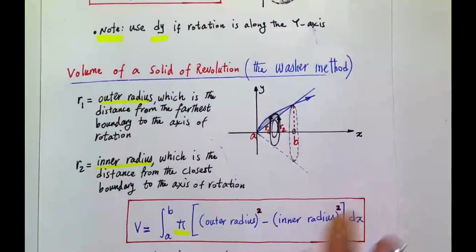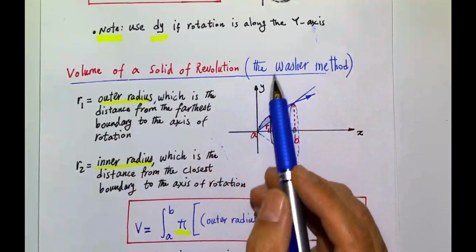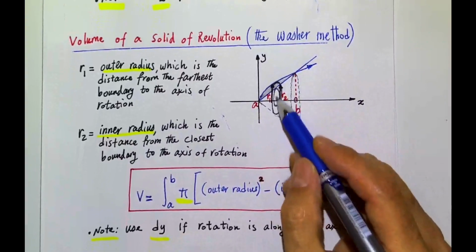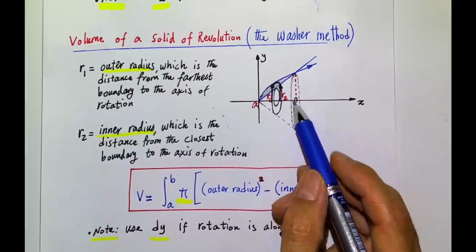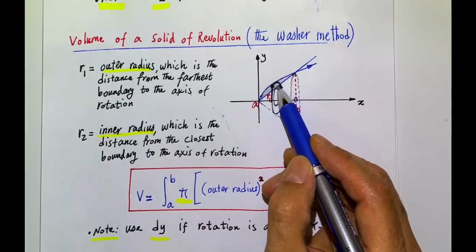Now, the volume of a solid of revolution can also be computed using the washer method, which means the area that we're rotating about a certain axis, in this case the area between these two curves, for example.